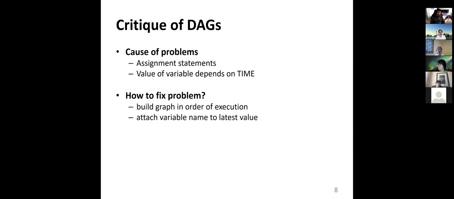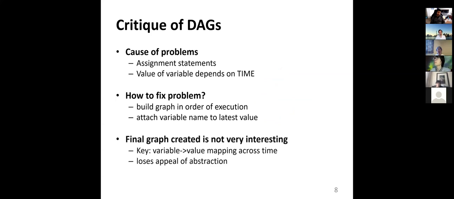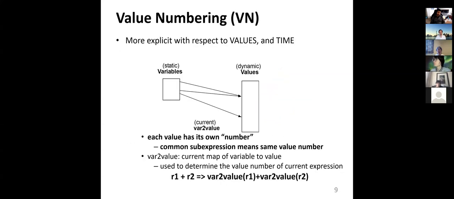And the way to solve the problem is to build a graph in order of execution and attach the variable name to the latest value. So the proposal based on that is called value numbering. It's a very powerful algorithm. It's used in basic blocks all over the place. It's a very simple idea. Essentially, it's an explicit way to represent both values and time at the same time.